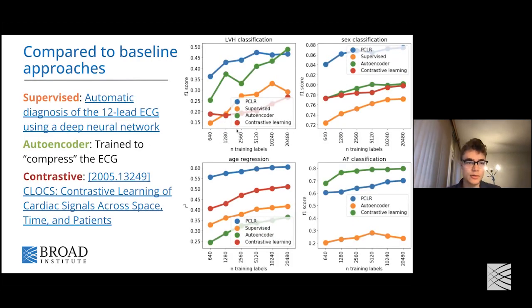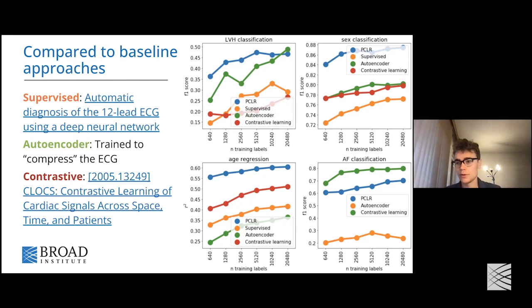We also compared to 3 different baseline approaches. We took a supervised pre-training approach. And for that, we used some regexes on the automated text produced from the ECGs, which led to 6 different arrhythmia labels for every ECG in the 3.2 million ECG pre-training data set, and just trained the exact same architecture as the contrastive learning architecture, except to classify these 6 arrhythmias.